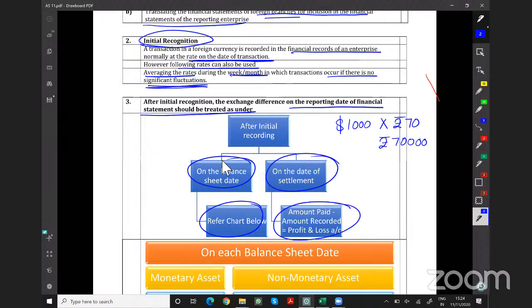So 1,000 into 72, I've paid 72,000. I've recorded 70,000, but I've paid 72,000. The remaining 2,000 should be debited to the profit and loss account. It should be considered as my foreign exchange expenditure.